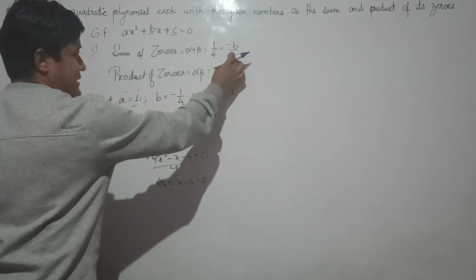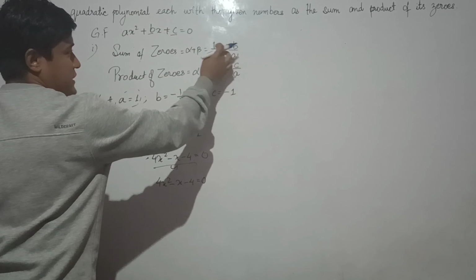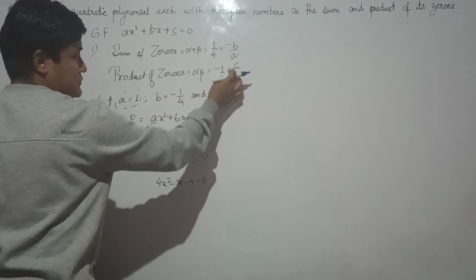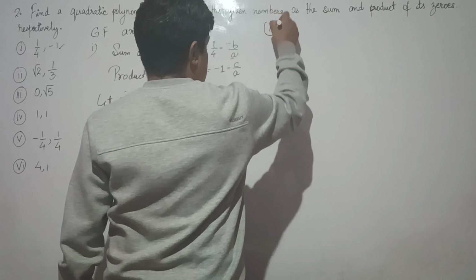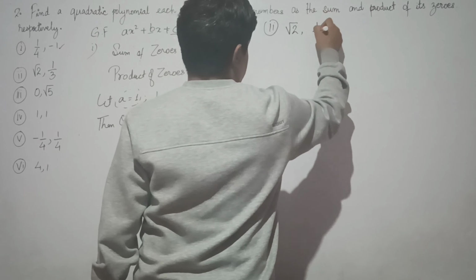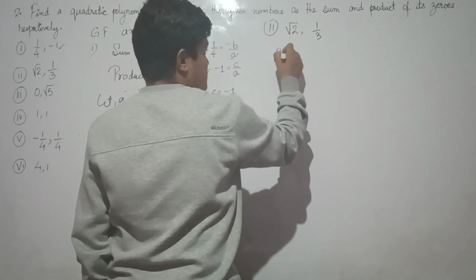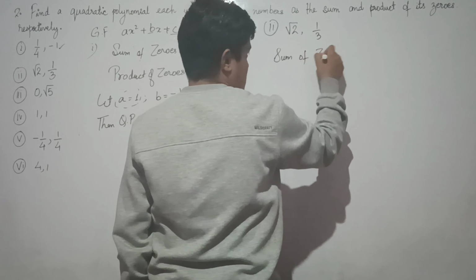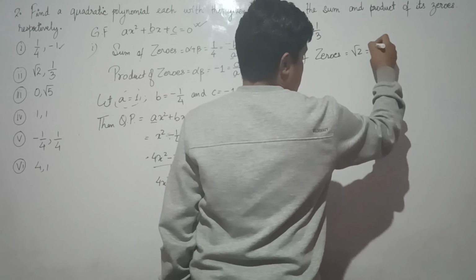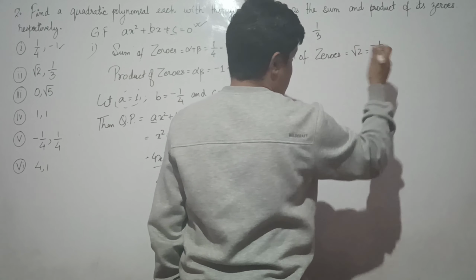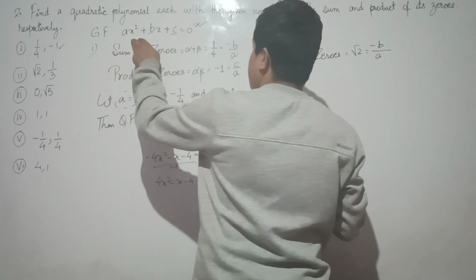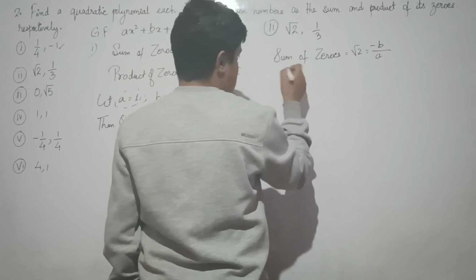If a is 1, then b equals to minus 1 by 4, c will be minus 1. The next one: sum of zeros is root over 2, and product is 1 by 3. So sum of zeros equals to root over 2 equals to minus coefficient of x divided by coefficient of x square. So the general formula is this, you can have a look.